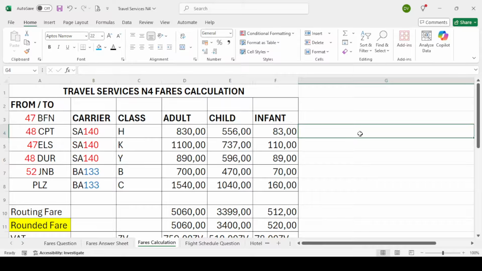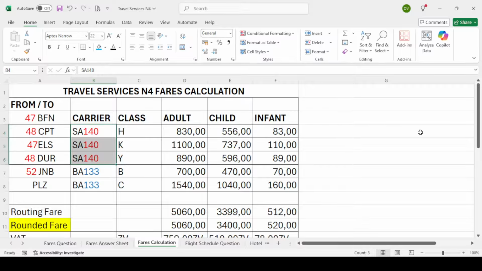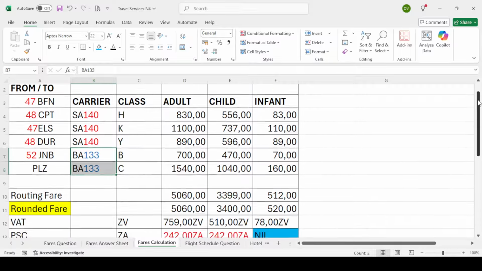Now, to insert it in the right place, you must remember that for SAA, the code is YR, and for British Airways, the code is YQ. So you have to add all the YR taxes together, and you have to add all the YQ taxes together. It will look like this.